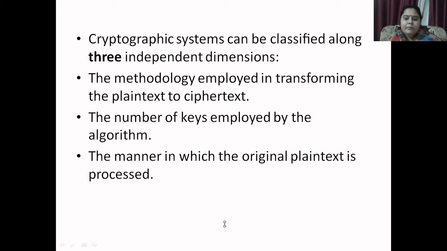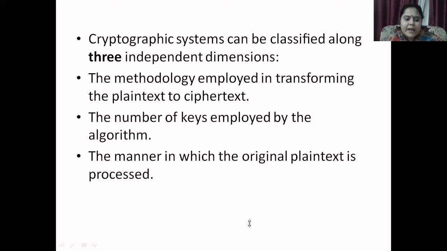That is, the same key is used for encryption and for decryption. And next, that is asymmetric: two keys, one public, or public key encryption. That is, the sender uses one key for encryption and the receiver uses another complementary key for decryption.